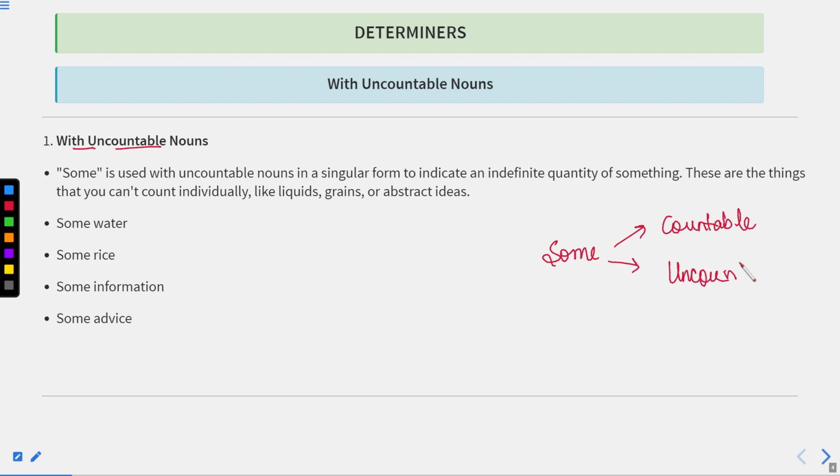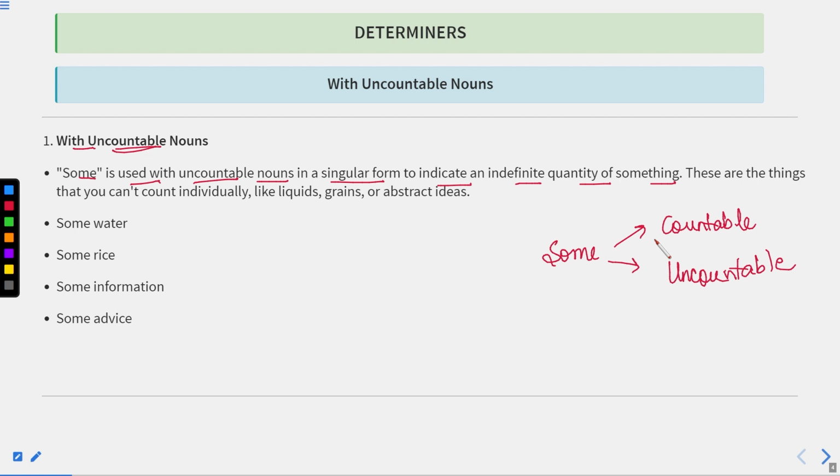Okay, now here firstly we are talking about uncountable nouns. It means when we use this determiner some with an uncountable noun. Some is used with uncountable nouns in singular form to indicate an indefinite quantity of something. Now what happens?